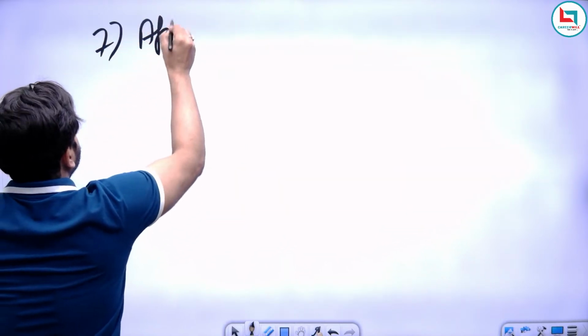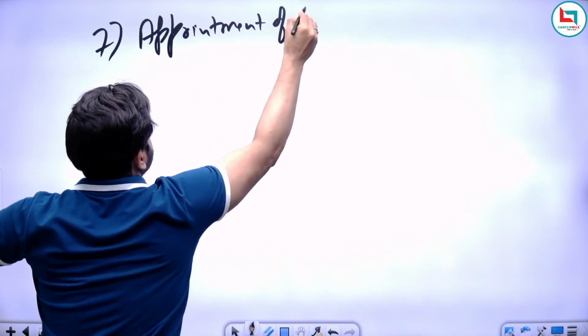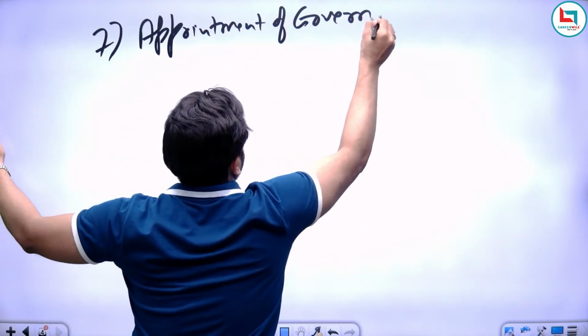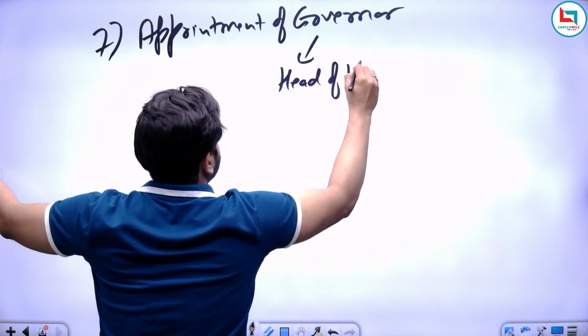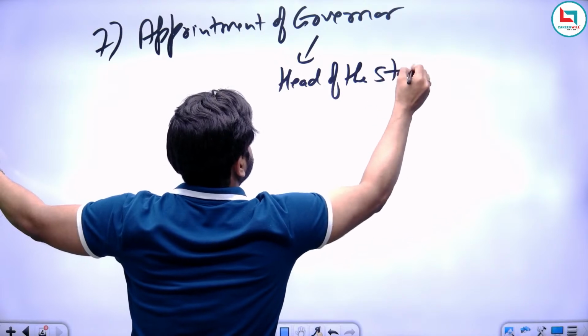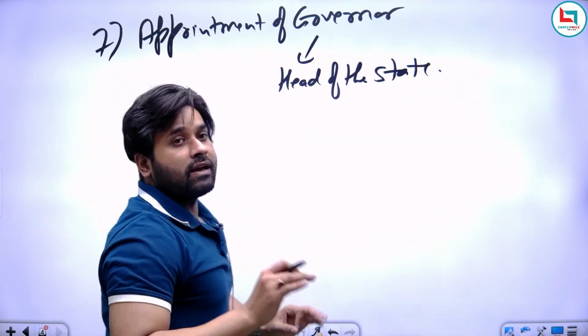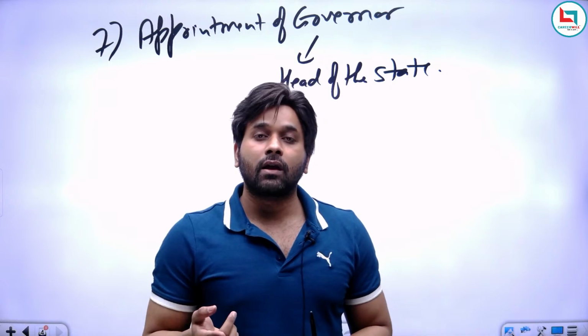Now the seventh is appointment of governor. Now remember, the governor is the head of the state. In each and every state, the governor is appointed by the president.